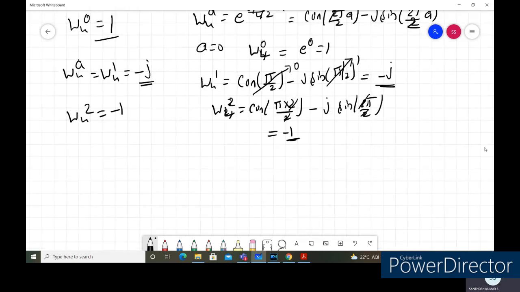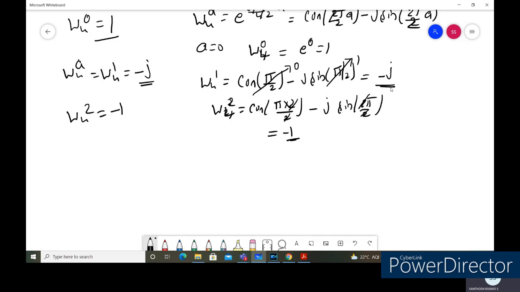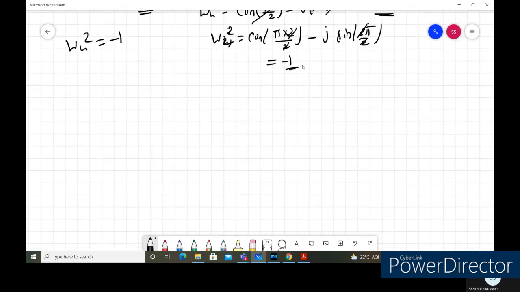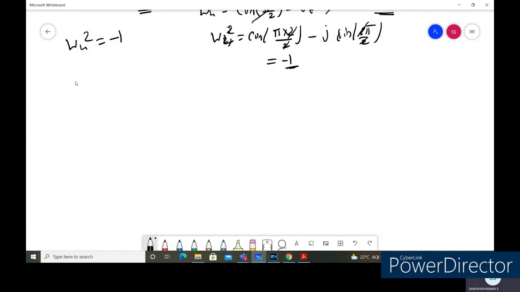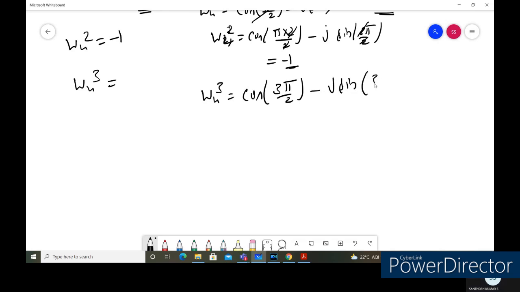Similarly, let us find the value for another one, that is omega 4 to the power of 3. Let us look into that one. So omega 4 to the power of 3 is nothing but cos 3 pi by 2 minus j sine 3 pi by 2.